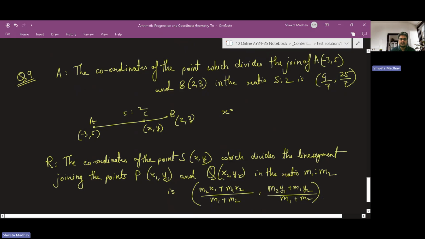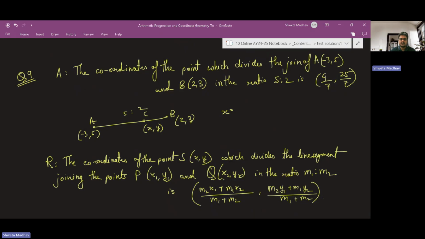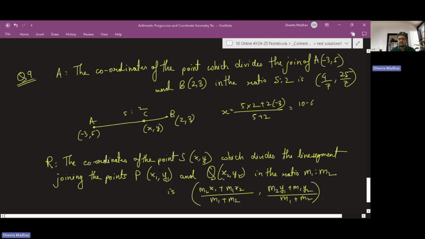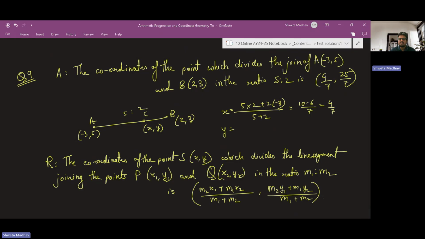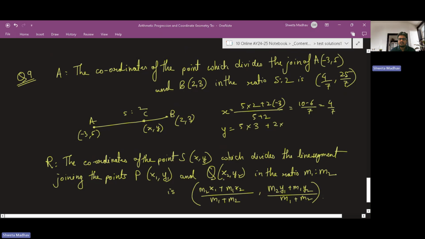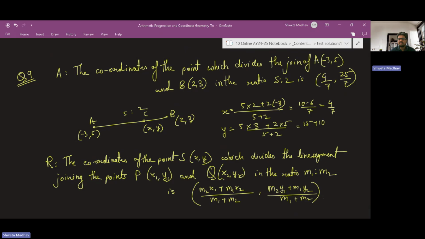So here we have to find the coordinates of the point C. The x coordinate will be (5 × 2 + 2 × -3)/(5 + 2), so this will be (10 - 6)/7, that is 4/7. And the y coordinate of the point C is (5 × 3 + 2 × 5)/(5 + 2), so that will be (15 + 10)/7, that is 25/7.